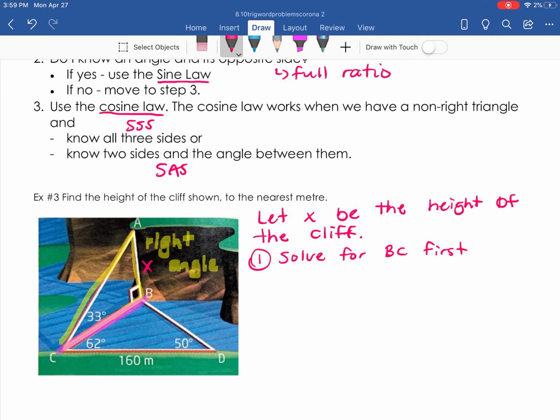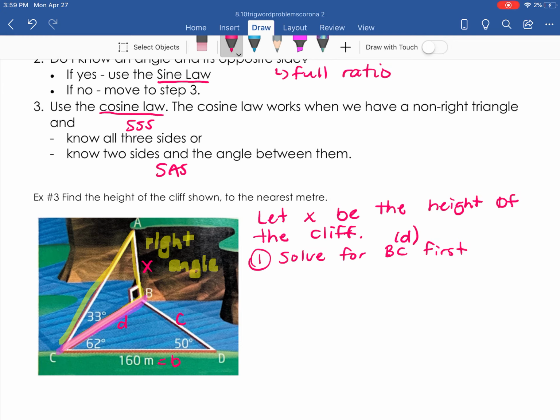Okay, but BC, that's annoying. Let's label it like we've been doing. Angle D is 50, so that technically is side D in our non-right angle triangle. And then C is across from the 62, and this is side B. Do we have a full ratio?